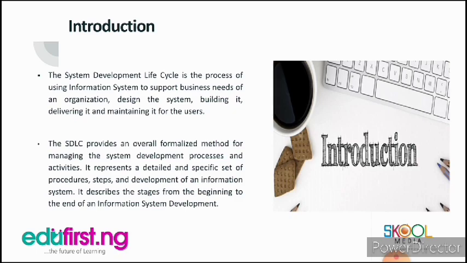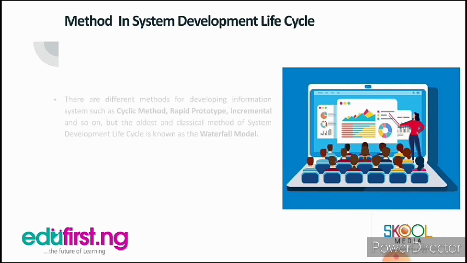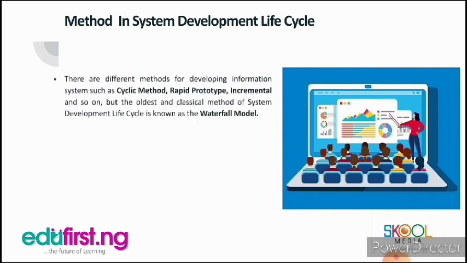Now let us look at the method in system development life cycle. Actually, there are different methods for developing information system, and we have cyclic method, we also have rapid prototype, we have incremental method, and so on and so forth.